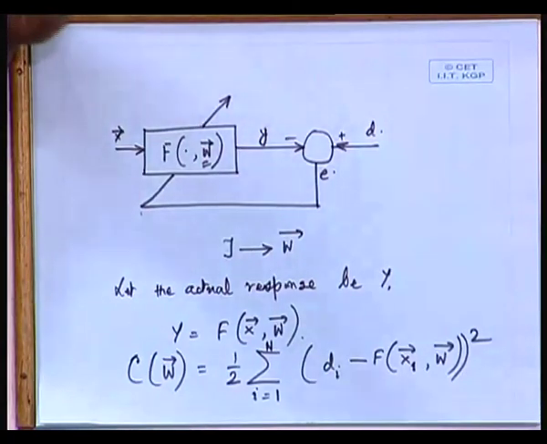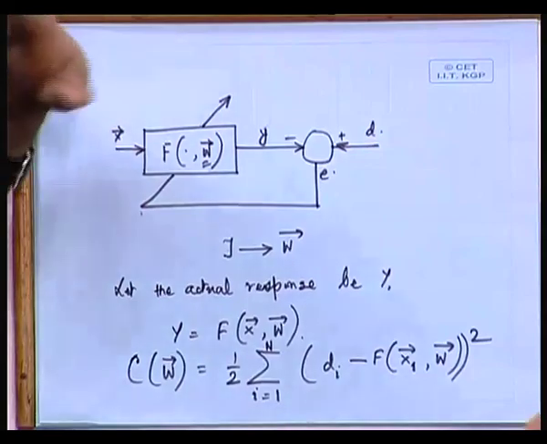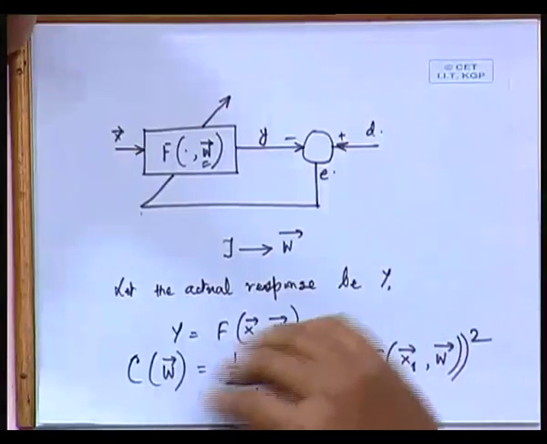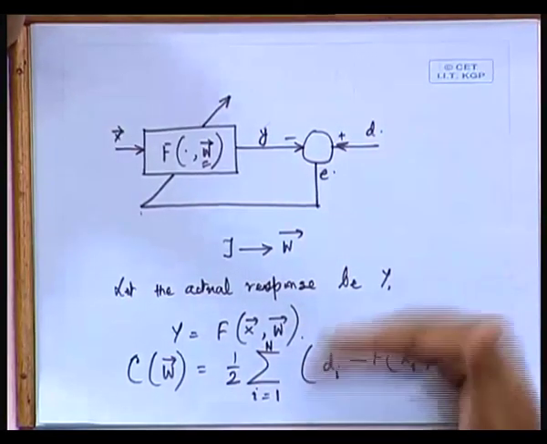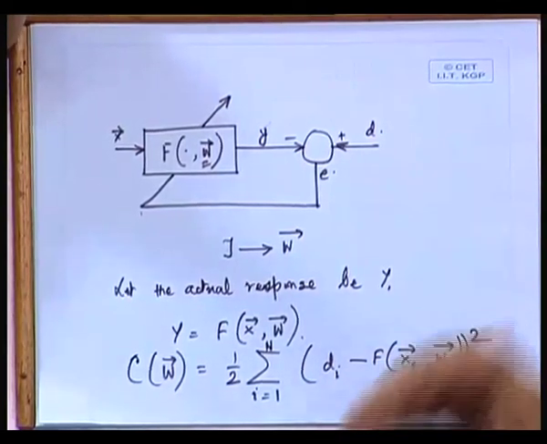Whereas in this representation, we are accumulating the sum of square errors for all the n examples in the set, and once all n examples are presented and we have accumulated the sum of square error, then we are going to adjust the weights. So this C(W) is a combined cost function for all these patterns put together.